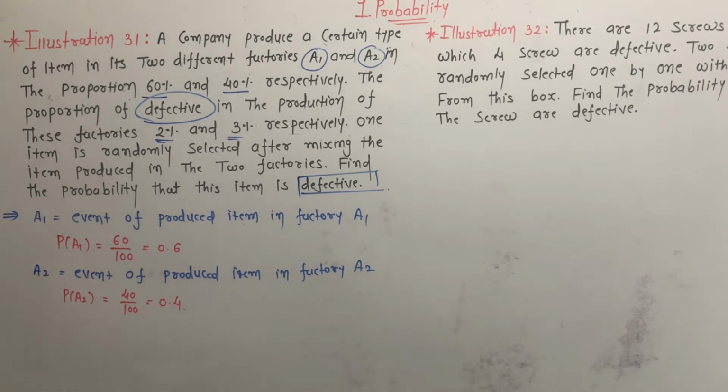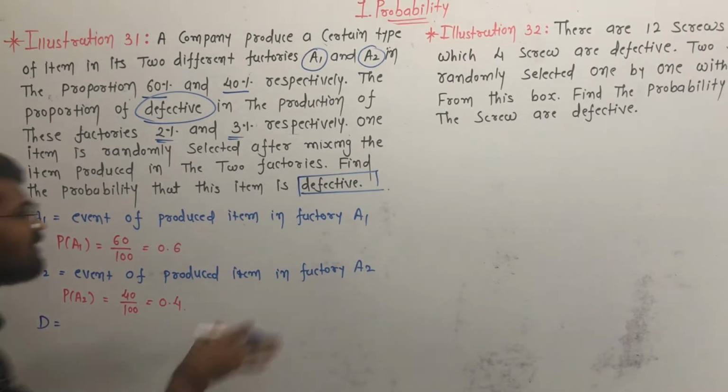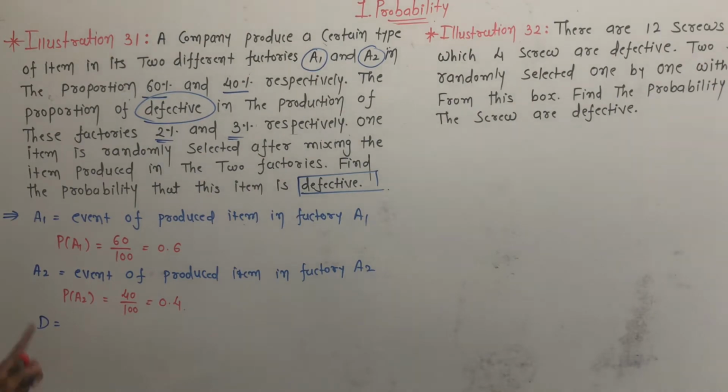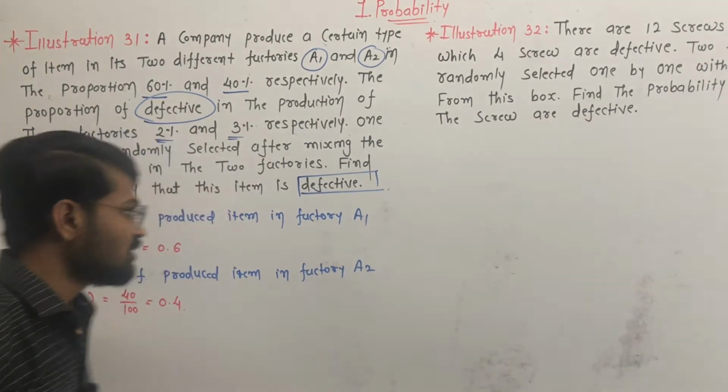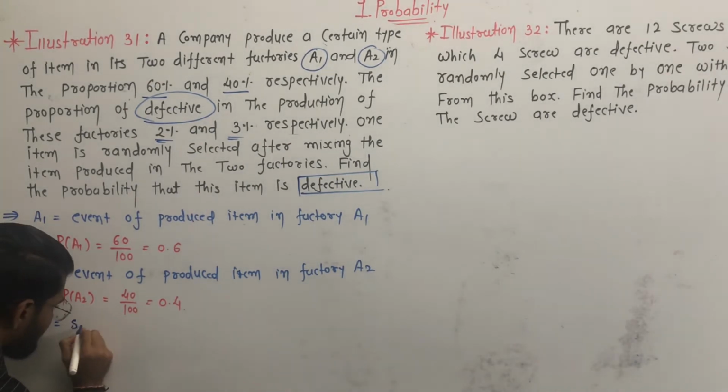Now the third event is D. We have to find the probability of the defective item, so the event D is: the selected item is a defective item.